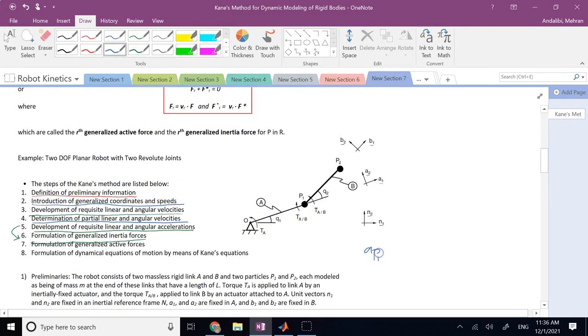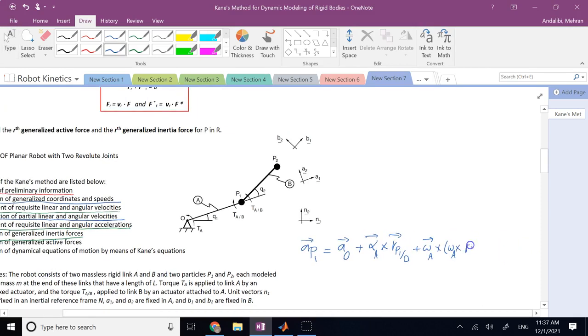So A of P1 is going to be A of point O, which we know is 0, plus alpha of member A cross R of P1 with respect to O, and then plus omega of member A cross omega of member A cross R of P1 with respect to O.